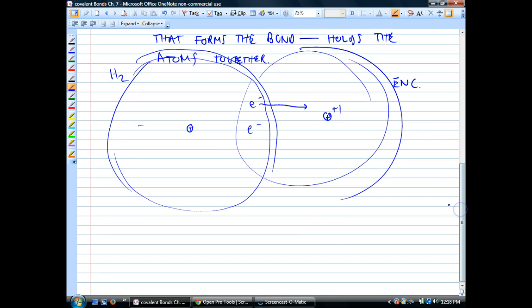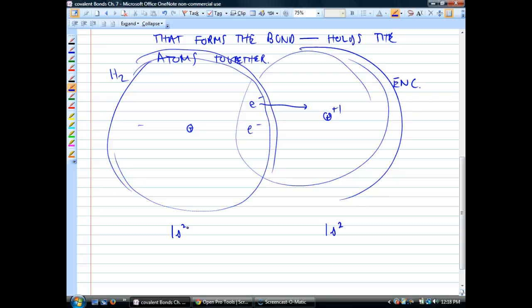Now, one way you could look at it is that they both feel like they have a 1s2 configuration, because they both feel like they have a full outer shell now. And that's one way that this is often explained in covalent bonding, that atoms are going to bond in order to complete their outer shell through sharing.